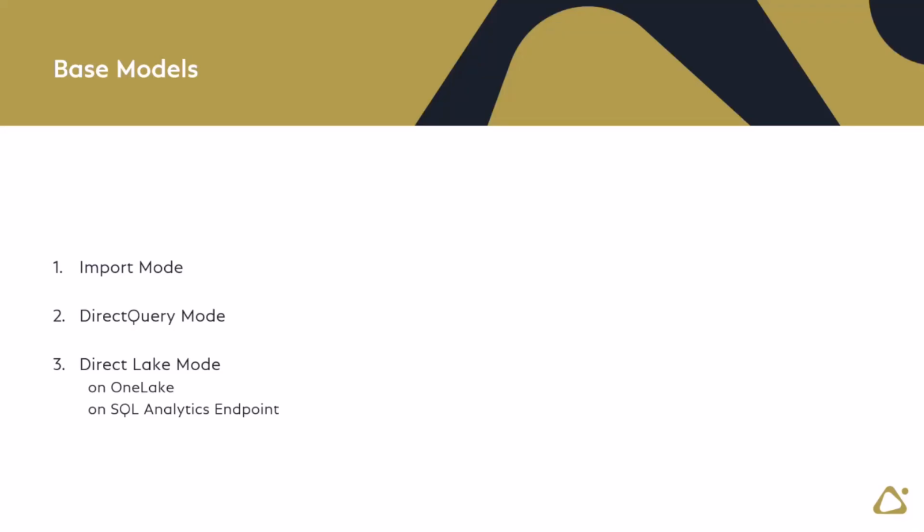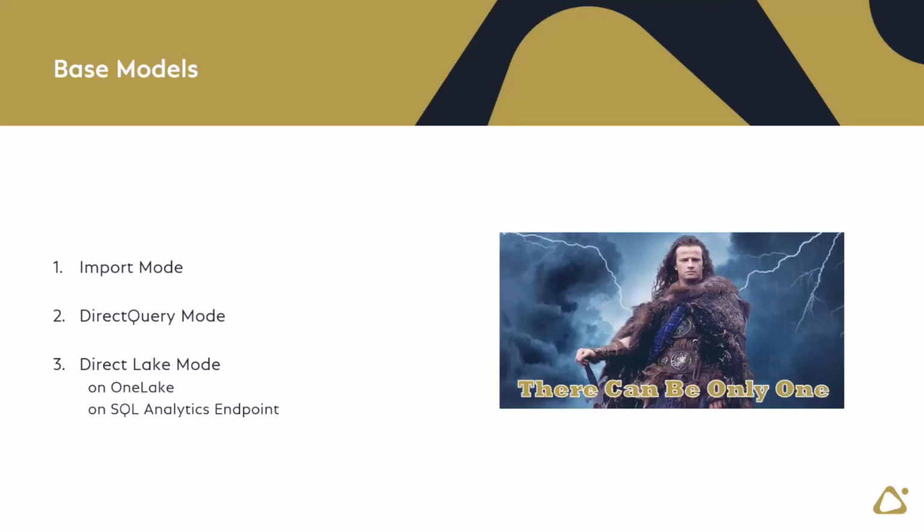The SQL Analytics Endpoint was the first version of it, and the on OneLake version is now the new default version. What all base models have in common is this: there can be only one storage type in use. So that means all tables have to use the same storage type. That means import models use import, DirectQuery models use DirectQuery, and Direct Lake models use Direct Lake.